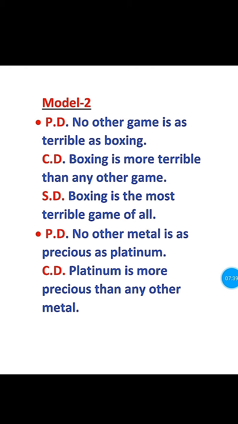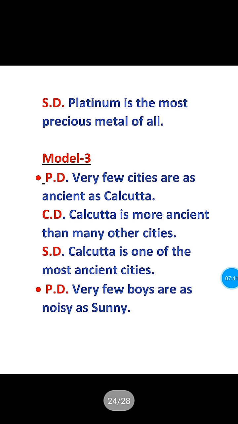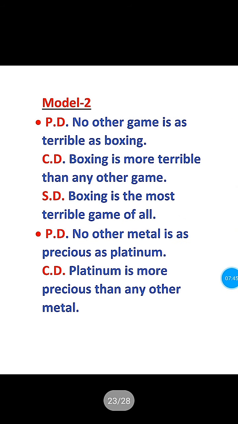Platinum is the most precious metal of all. This is the model 2. When we use no other in positive degree, in comparative degree we have to write any other. And in superlative degree is the most. We have to use like this. According to these sentences, if you prepare, you can transform the sentences easily.